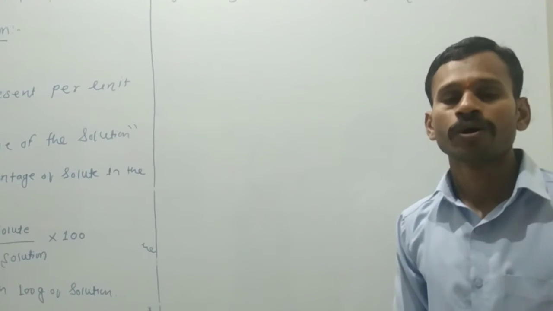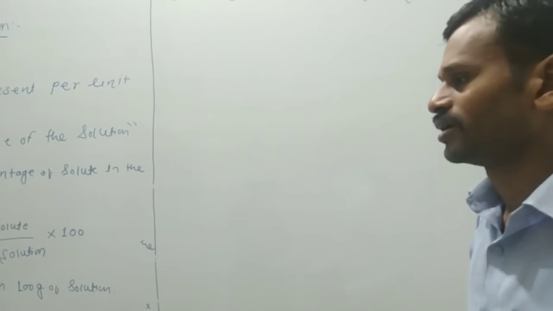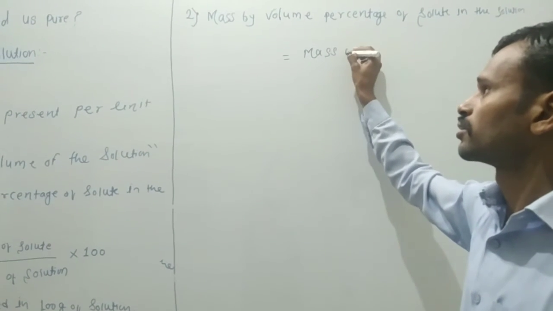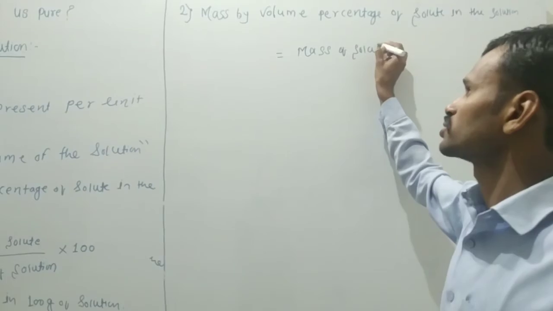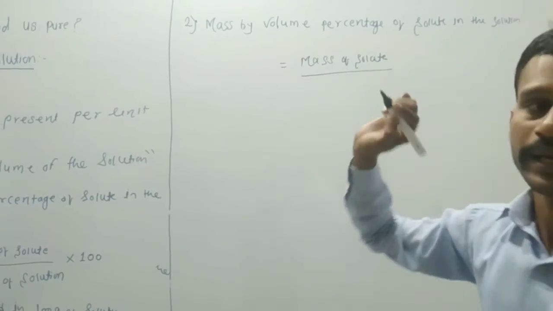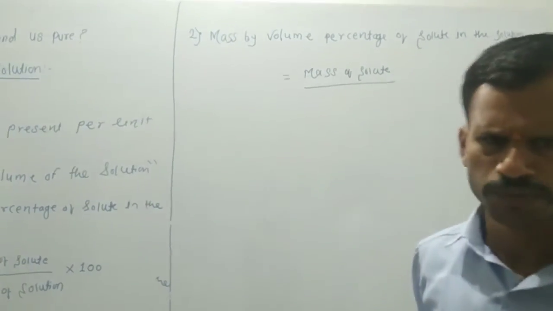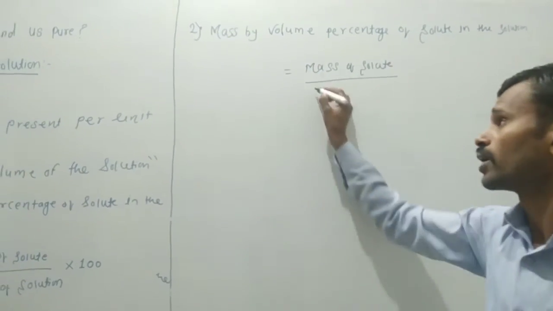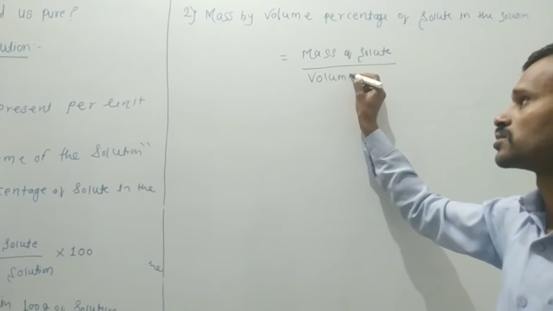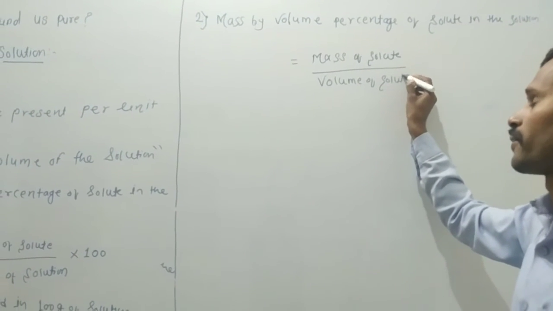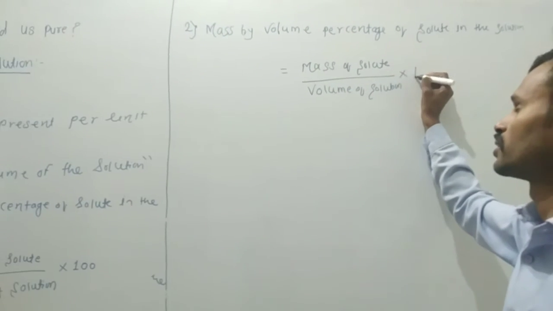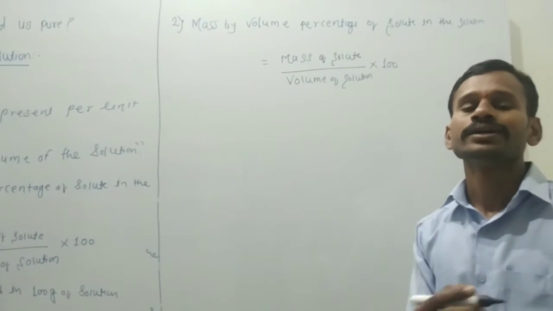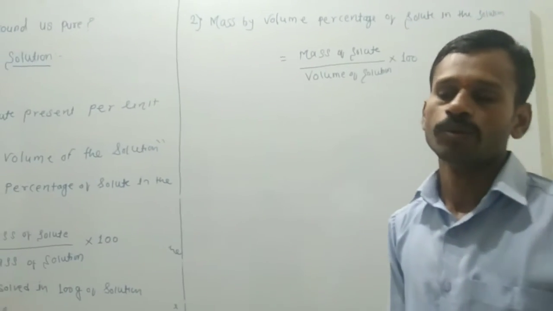Its formula is mass of solute divided by volume of solution, into 100. This is the simple second one.